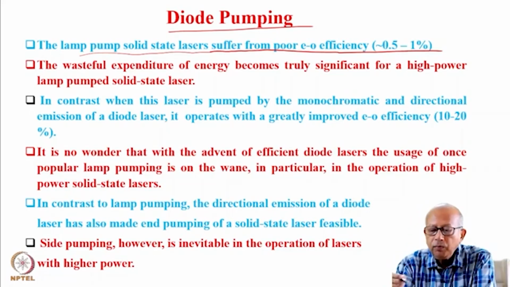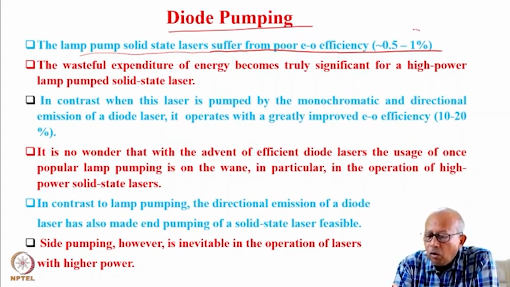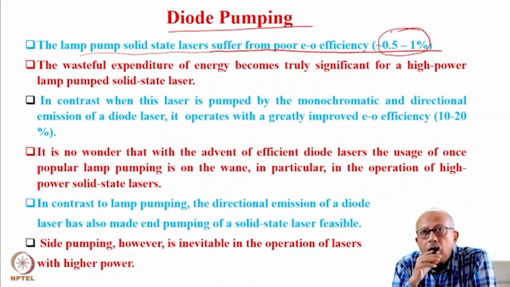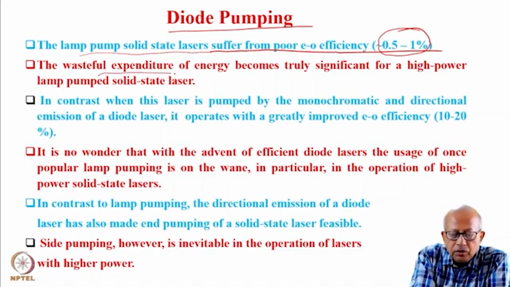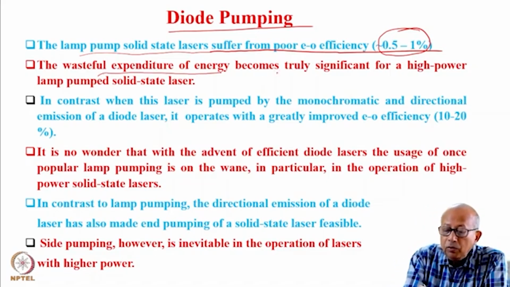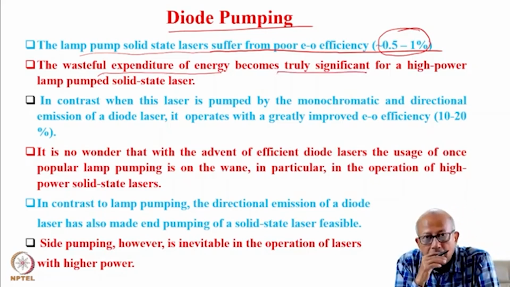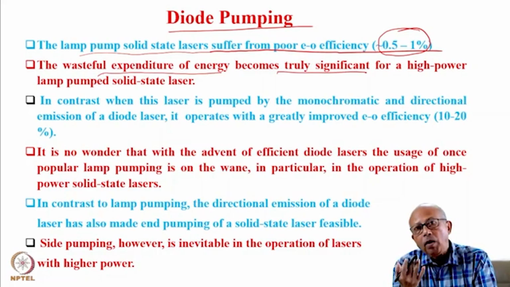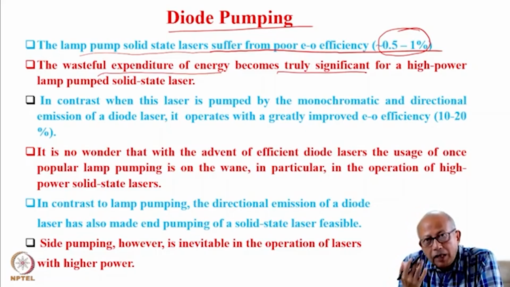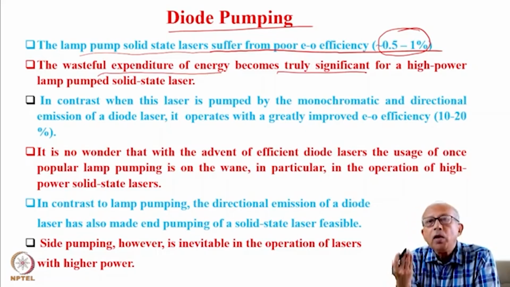The electro-optic efficiency normally lies between 0.5 to 1%, very low efficiency. This wasteful expenditure of energy becomes even more significant for a high-power lamp-pumped solid-state laser. If you increase the power of the flash lamp, then you will waste more energy.